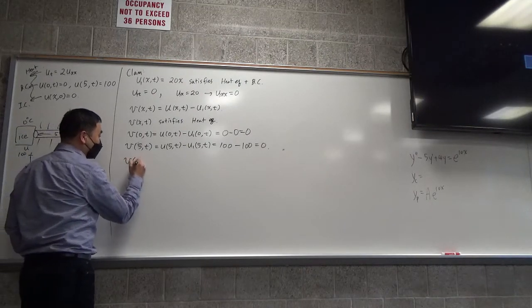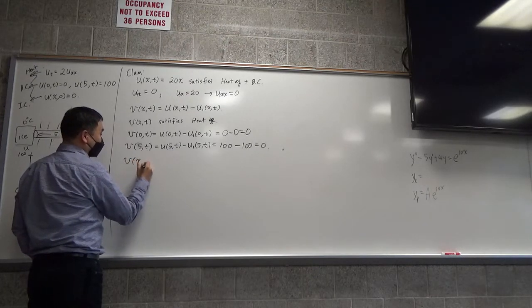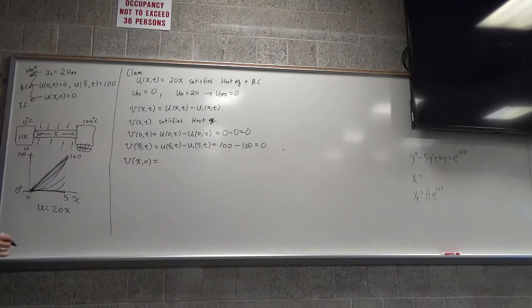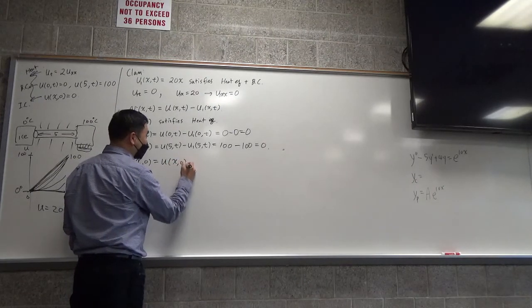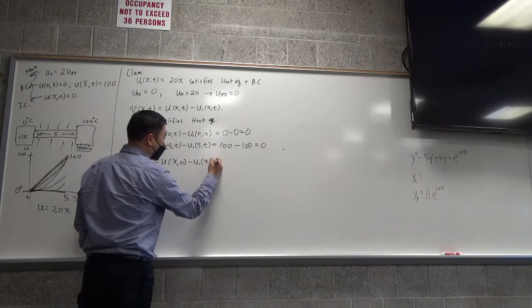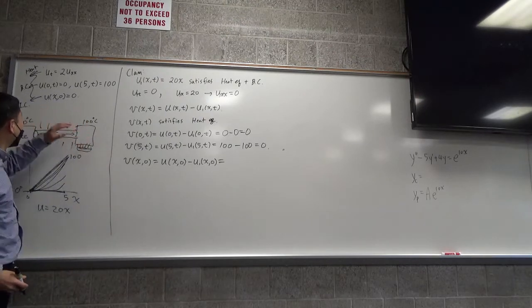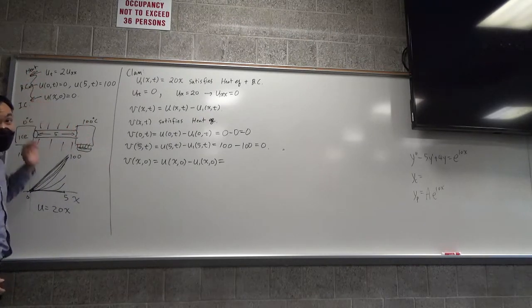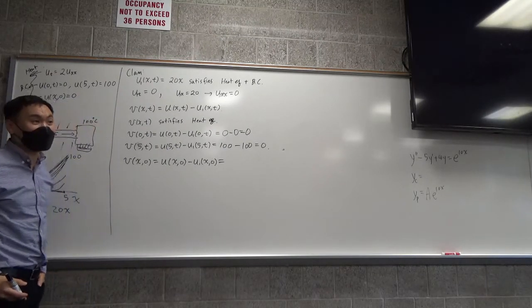Now, v(x,0) would be what? u(x,0) minus u1(x,0). This is a nice question to ask. No, it's not 0 minus 0. The problem is u1 only satisfies the first two. It doesn't satisfy this. So what would it satisfy?